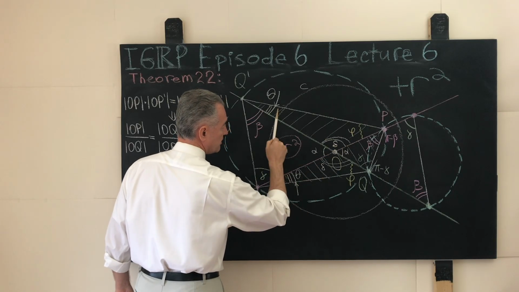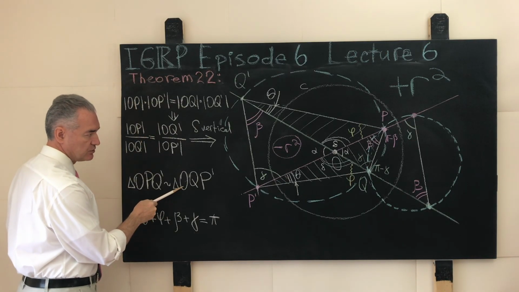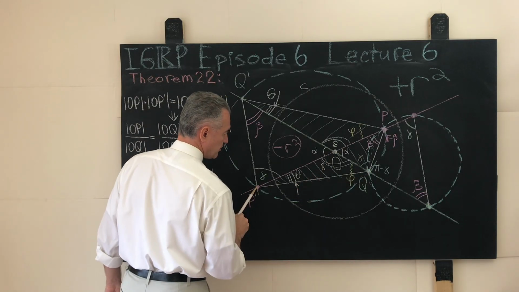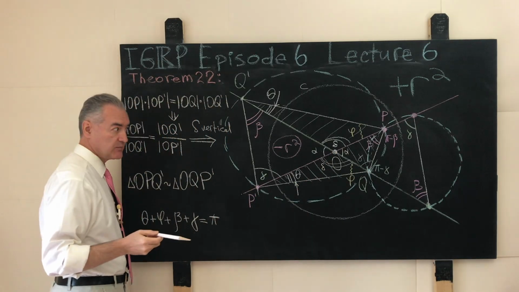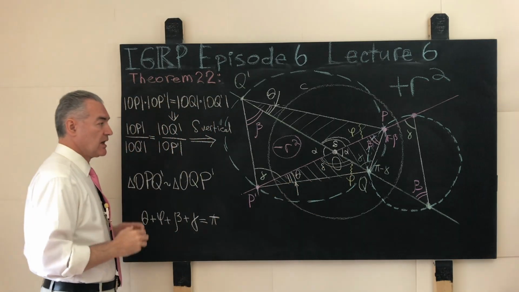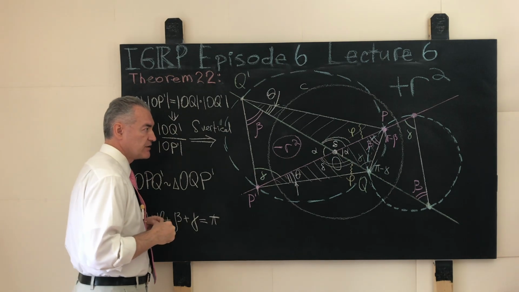Delta, phi, theta, and then in the similar triangle OQP prime, we traverse the angles in the same direction: delta, phi, theta. Wonderful.